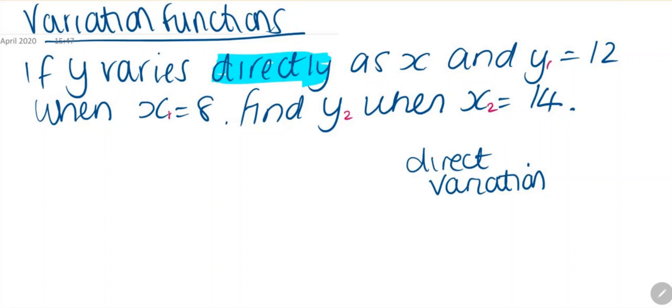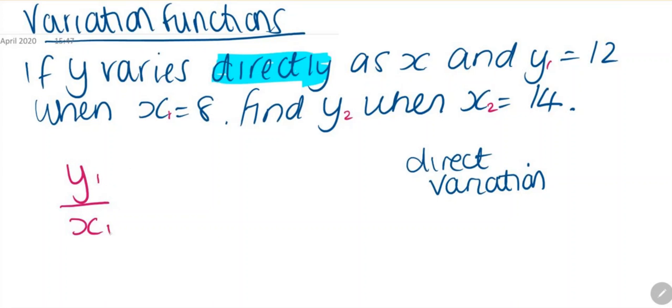So if y varies directly, y is going to be on the numerator. Directly is x, so x will be on the denominator. And we're going to set both values equal to each other.